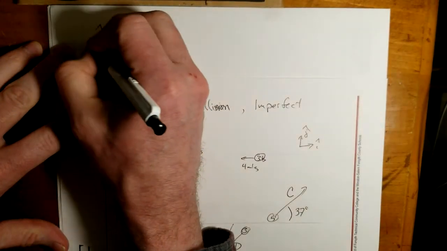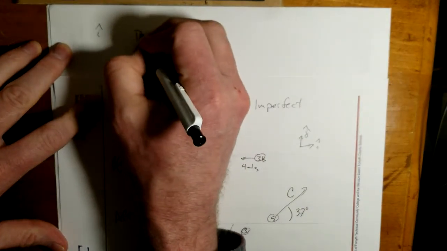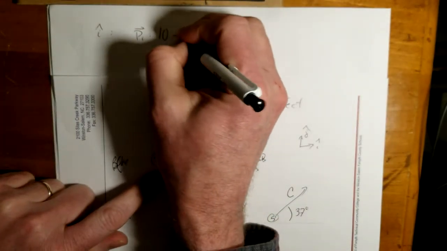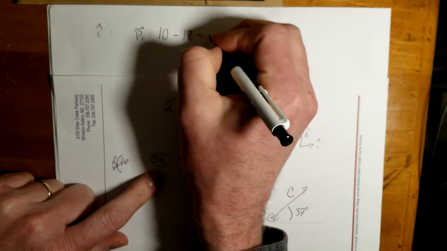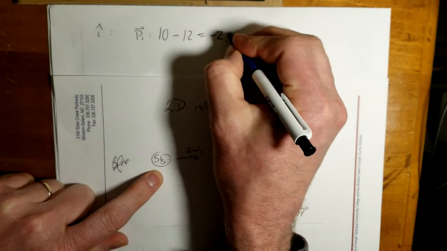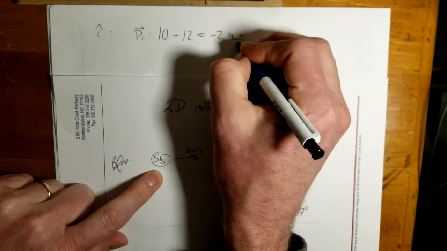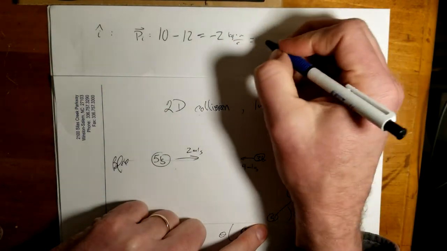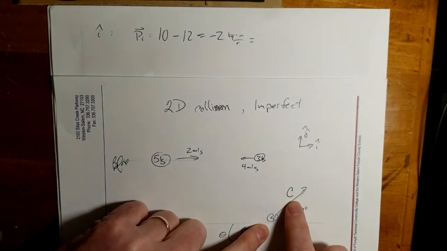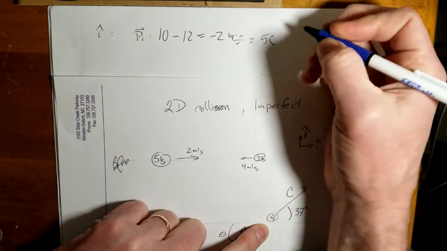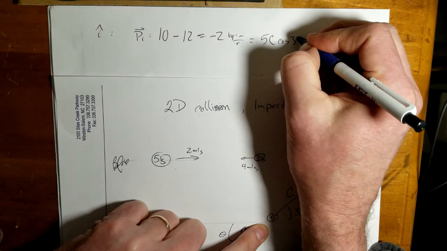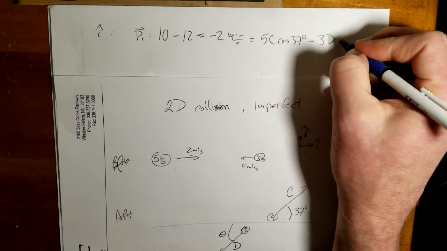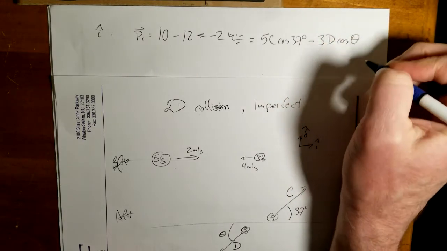So my i hat equation for momentum, initially, my momentum is, well, 10 minus 12, or negative 2 kilogram meters per second, if you want some units, is equal to afterwards. So I have, if this is traveling at speed c, this would be 5c cosine of 37 degrees minus 3d cosine of theta.